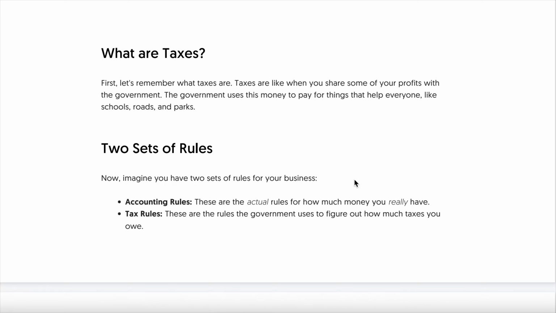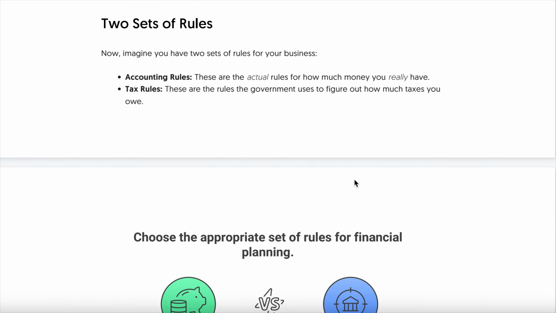Now, as we all know, what are the taxes? The government taxes our profits, and the government then uses this money to pay for things that help everyone, like schools, roads, and parks. Now, there are two sets of rules which you need to remember. The first rule is accounting rules.